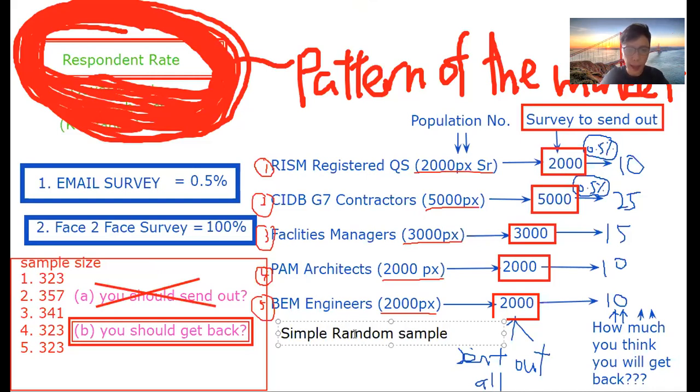And you back up with non-probability sample such as snowball sample, or you do convenience sample.